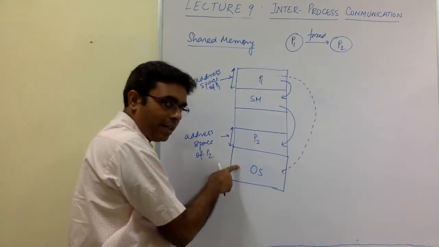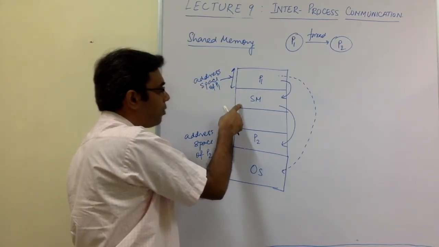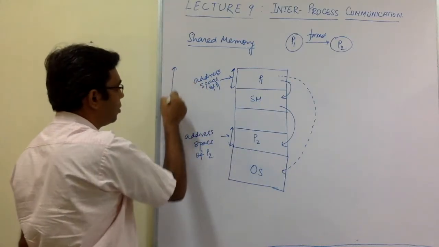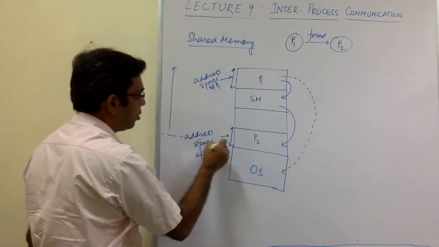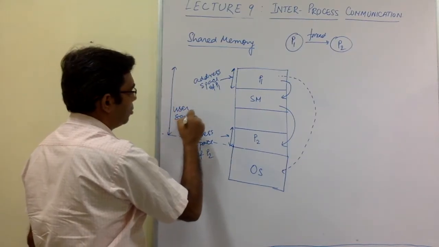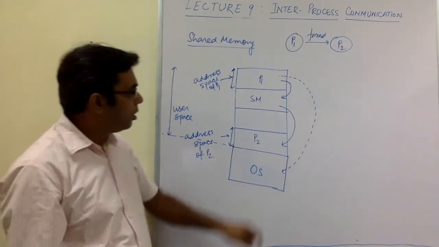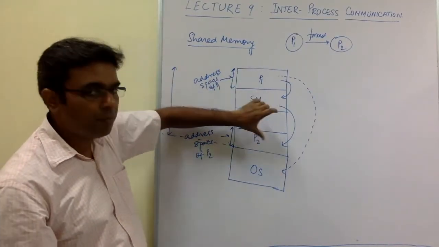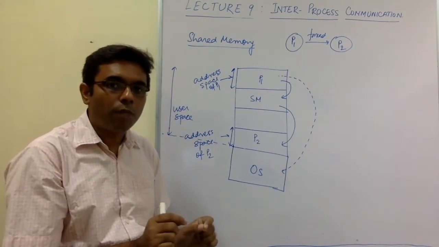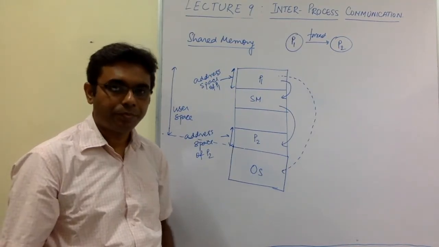The OS provided that, and now this shared memory segment is part of the user space. So if this is the user space, the shared memory now is part of the user space, so that both these processes P1 and P2 can make use of this shared memory as a regular memory segment.